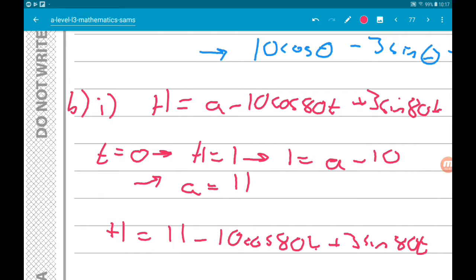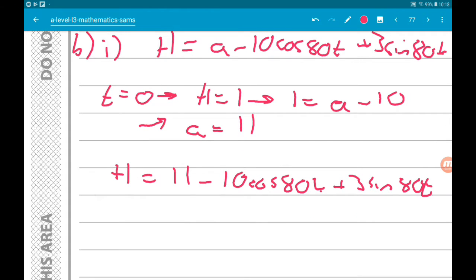So, we can actually think of this as 11 minus, and then in brackets, 10 cos of 80t minus 3 sine of 80t.